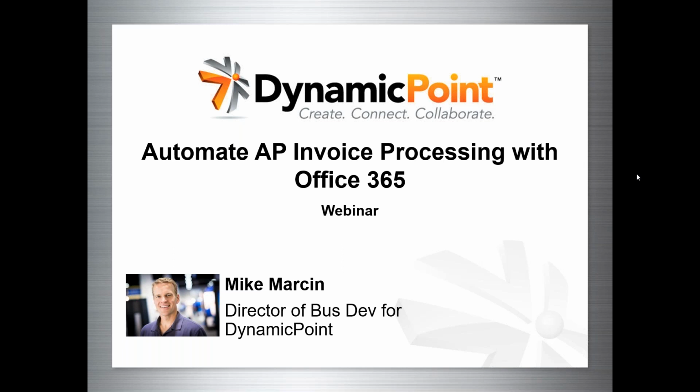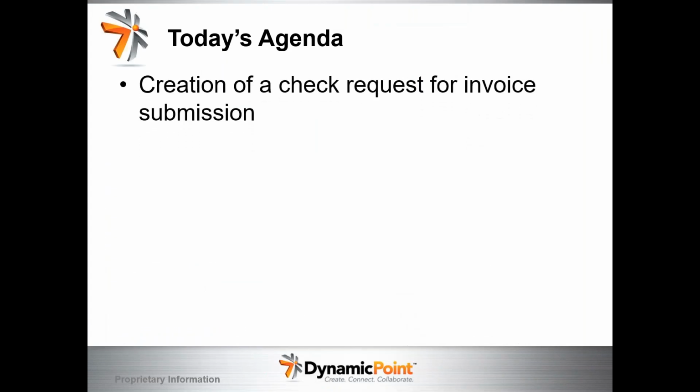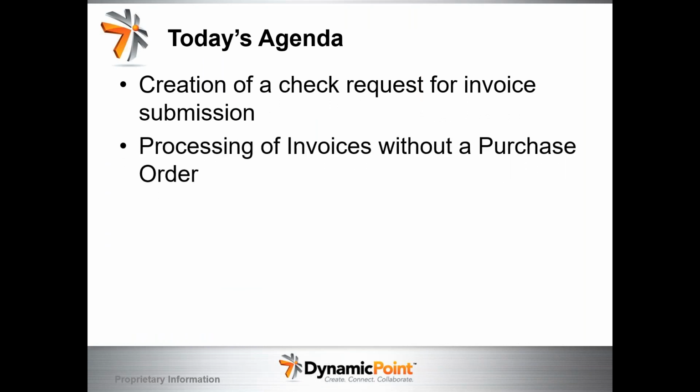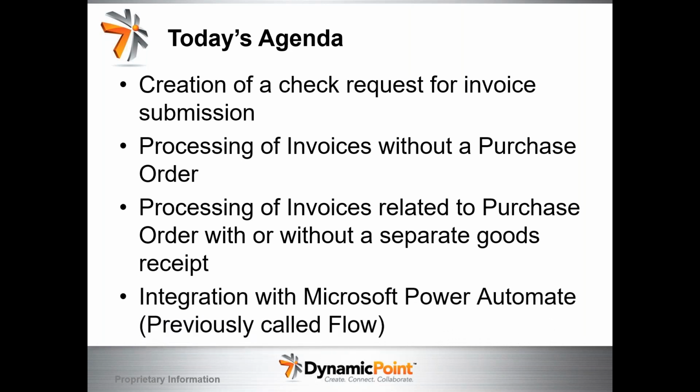Okay, let's get started. Today's agenda. As advertised, we're going to be looking at the creation of a check request for invoice submission, processing of invoices without a purchase order, processing of invoices related to purchase orders with or without a separate goods receipt, otherwise known as a two-way or three-way match from the purchasing side, and then integration with Microsoft Power Automate, otherwise known as Flow.